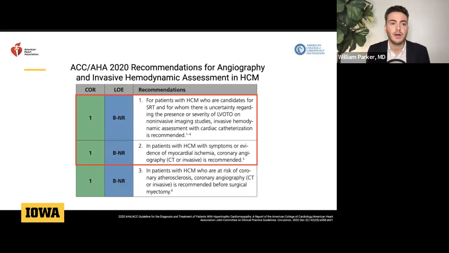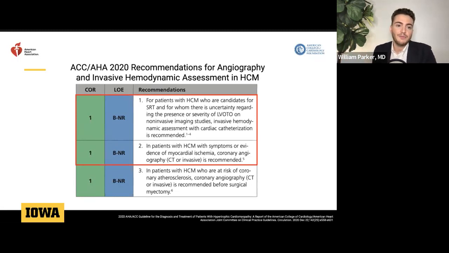So when it comes to angiogram and invasive hemodynamic assessment, just note that for people who are candidates for septal myectomy or septal reduction surgery, you should get a coronary angiogram. And you can simultaneously use that left heart catheterization for assessment of degree of LV outflow tract obstruction.